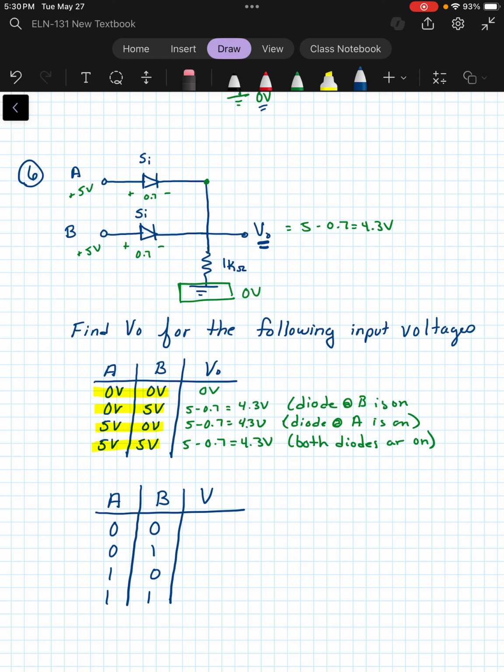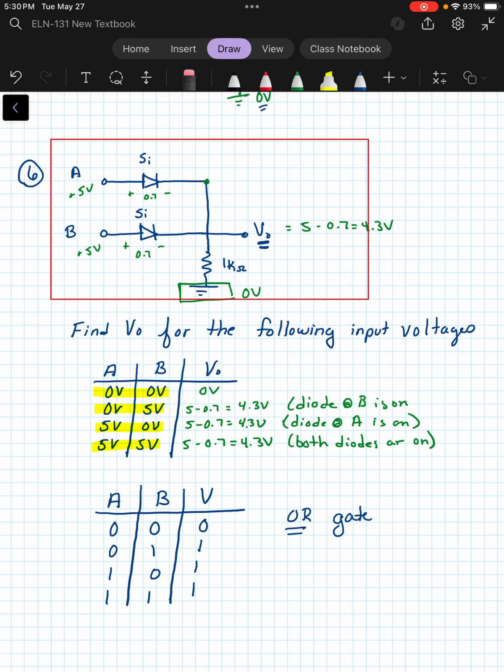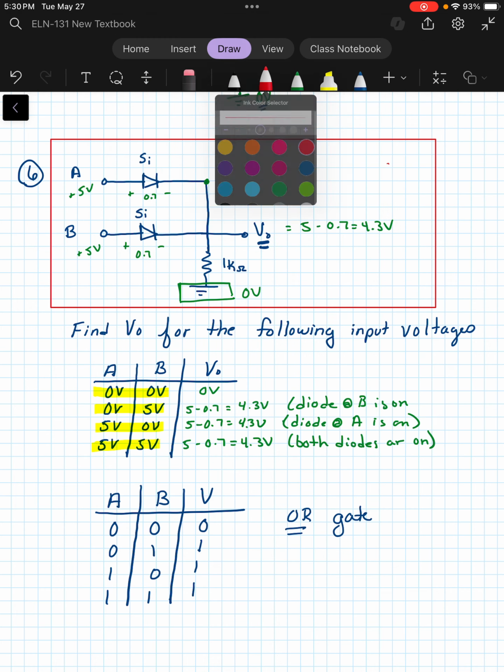And then for the output, you have 0 when both are off, and then you have a 1 or a high voltage when either of the inputs is on. And that's like your OR gate from digital. And this is one way we would make an OR gate. So I just wanted to point out to you that this is indeed something we would use as an OR gate.